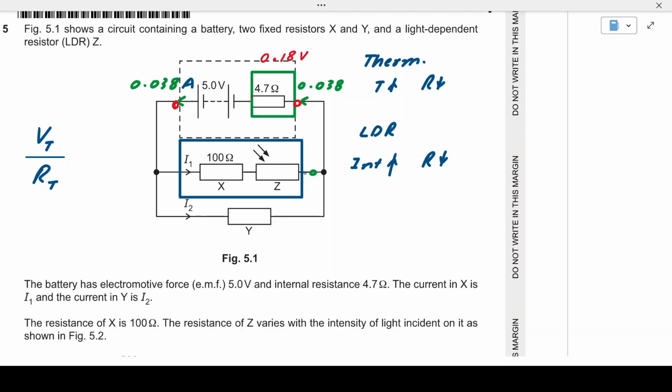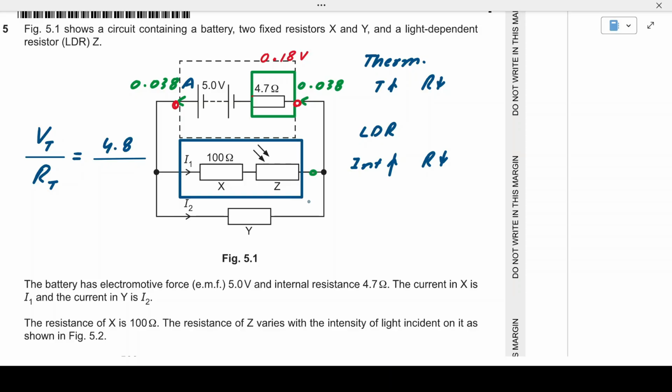The voltage across these two combined was 4.8. You see, the battery is giving 4.8 volts. 0.18 volts or 0.2 volts were dropped in the internal resistance, so leftover would be given to both of them collectively, divided by what is the total resistance.